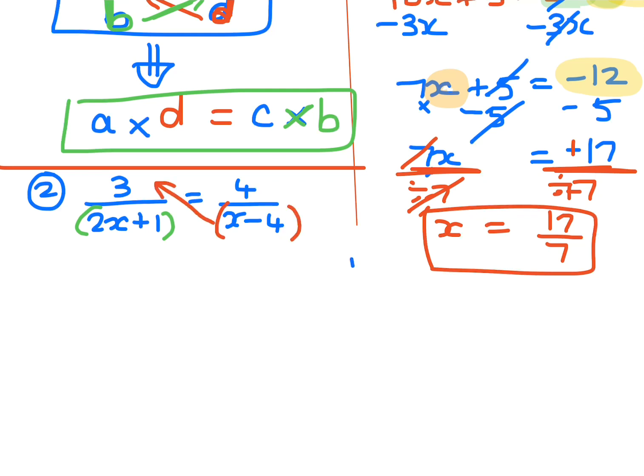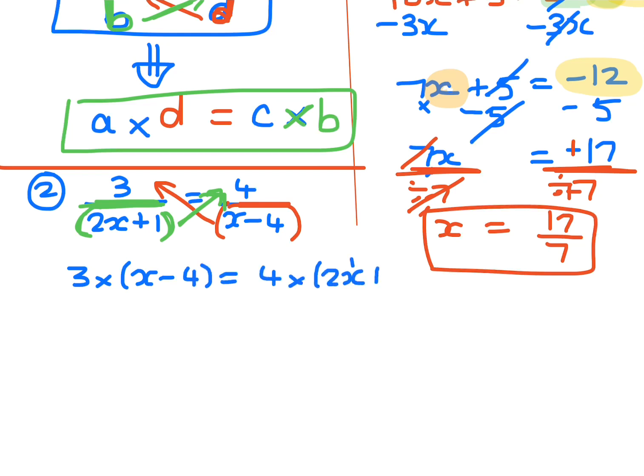This one's going to come up here and become times, because the opposite to division is times, and that one's going to come up there and become times. See, this is divided by this thing in the bracket; when it moves to the other side, it will times. So it's 3 times x minus 4 equals 4 times 2x plus 1.